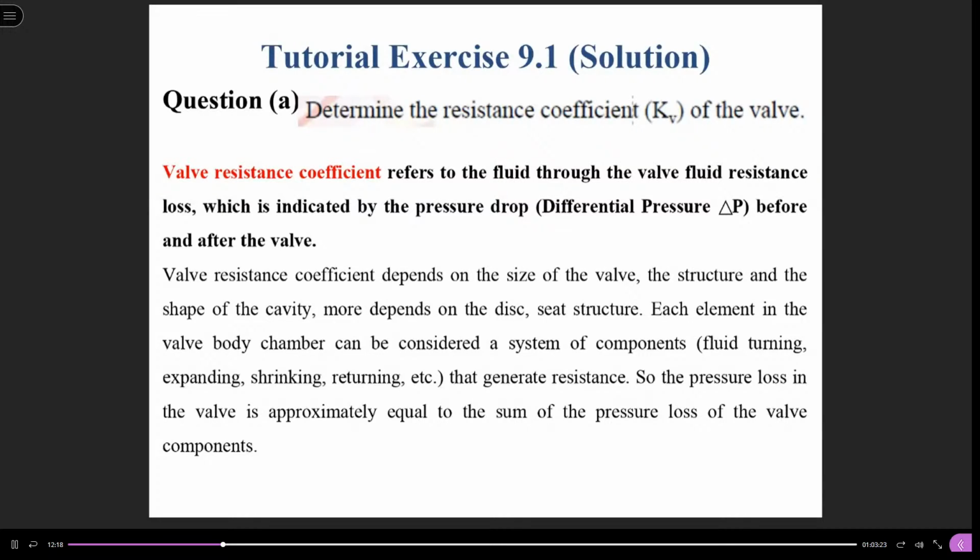More depends on the disc seat structure. So the pressure loss in the valve is approximately equal to the sum of the pressure loss of the valve components. Right?